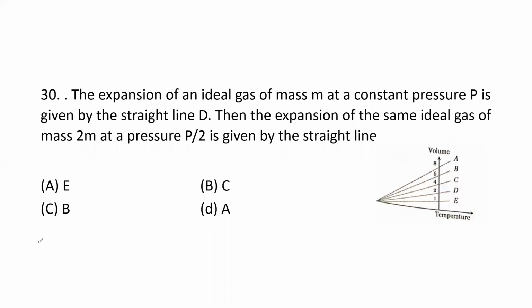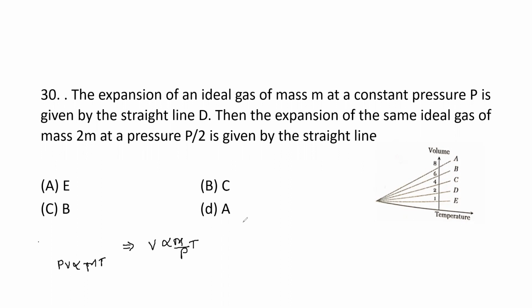See here, according to the ideal gas law, PV is proportional to M into T, which implies we can also write it as V is proportional to M divided by P into T. Right, M divided by P into T here.